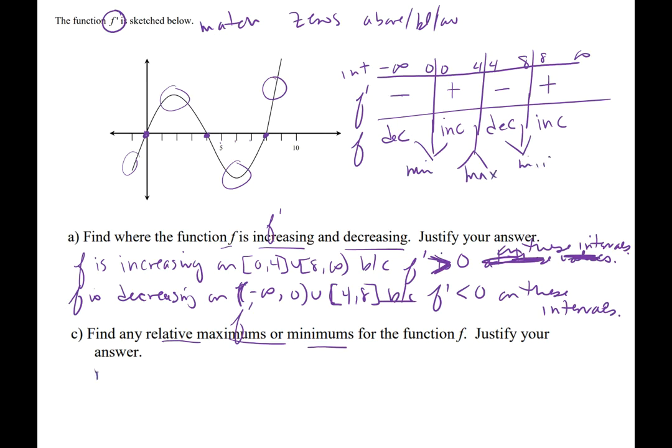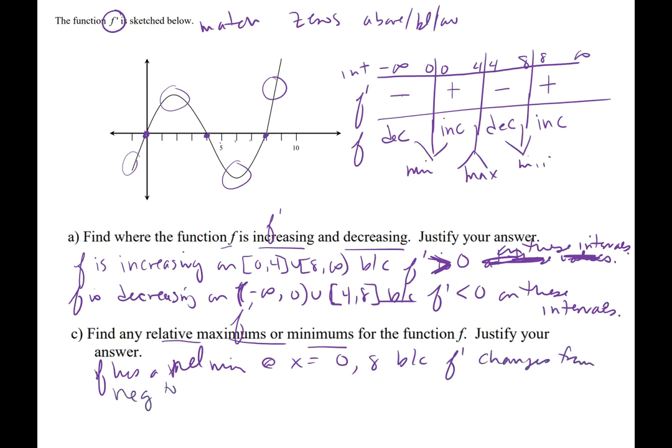So we're going to say f has a relative min at x equals 0 and 8, because f prime changes from negative to positive at these values.